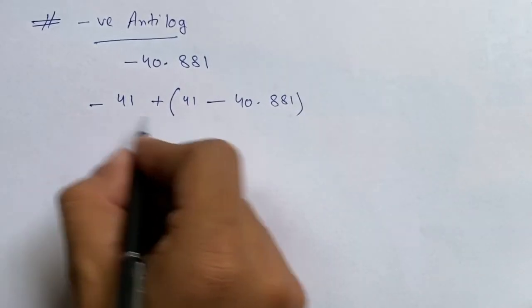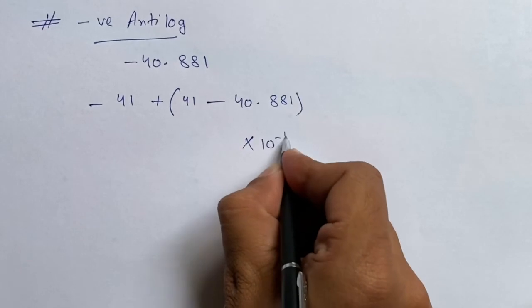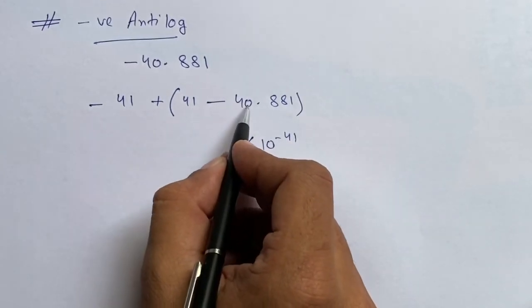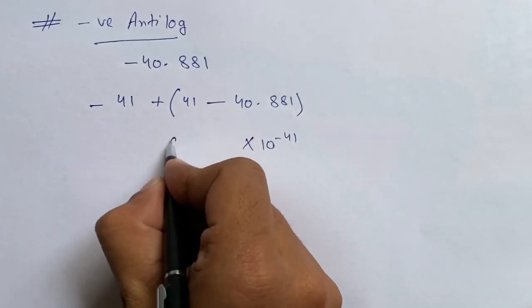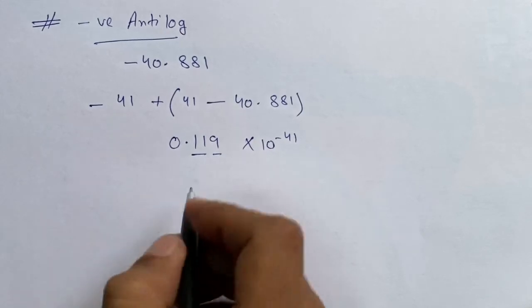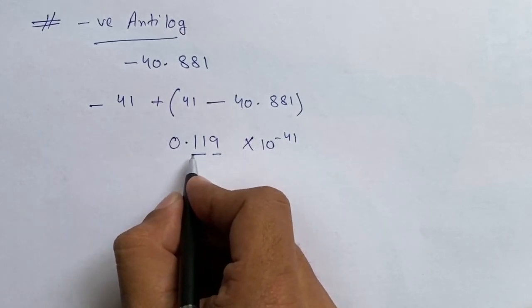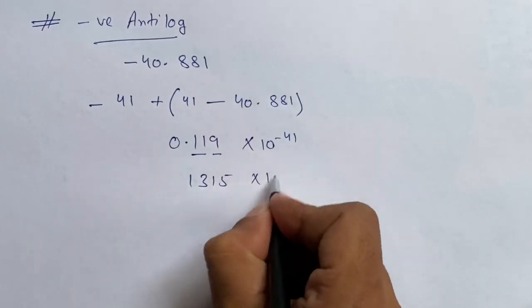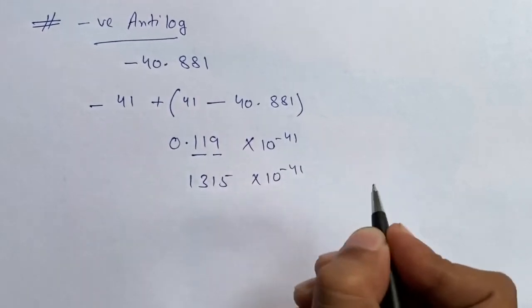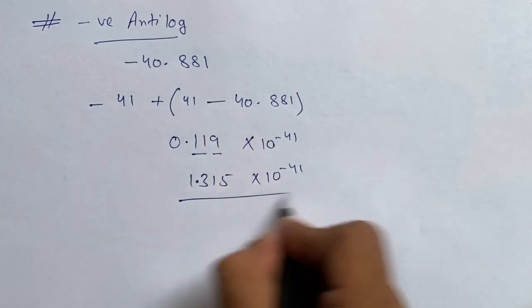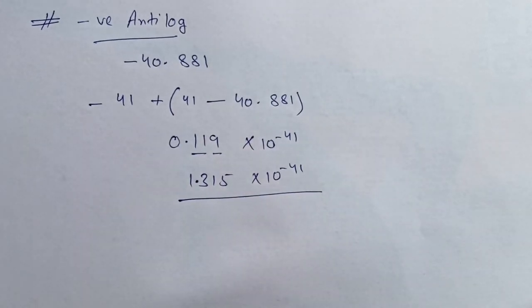Now this minus 41 will go to 10 raised power minus 41. Subtract it, 41 minus 40.881, it comes out to be 0.119. Pair it single. Checking the antilog chart, you will get 1315 into 10 raised power minus 41. Place point after first digit in antilog. This is how you can calculate the value of negative antilog.